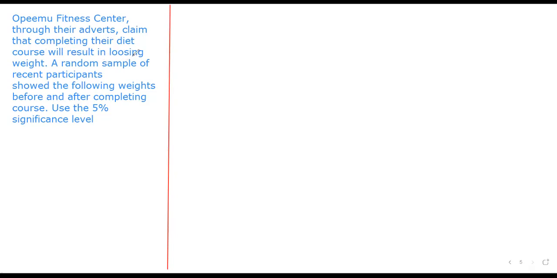Losing weight. After completing the diet course, you lose weight. So we want to test whether those who took this course lost weight or did not lose weight.